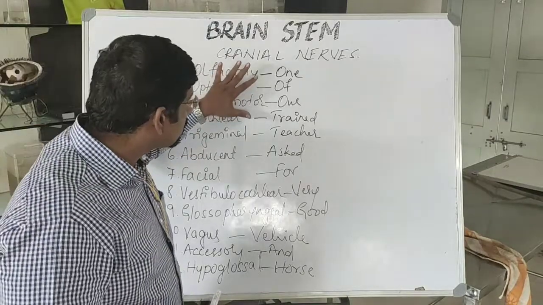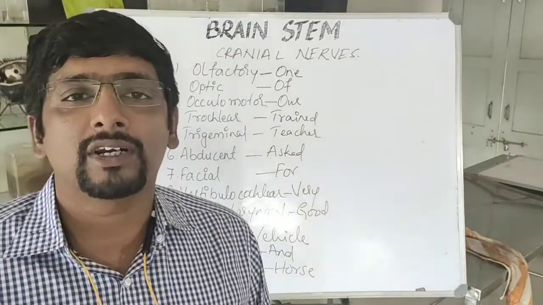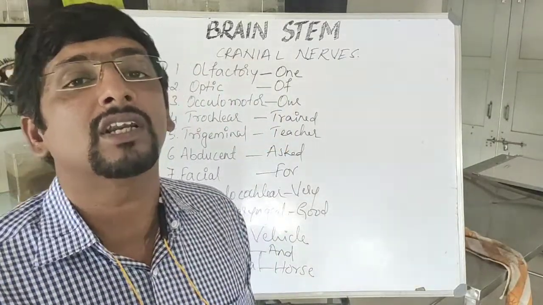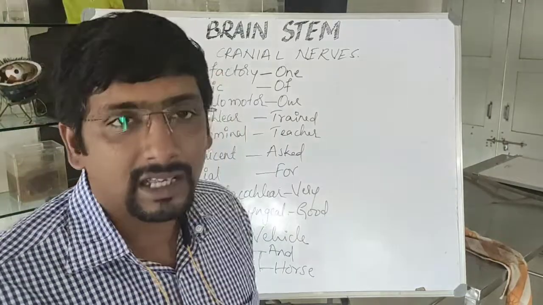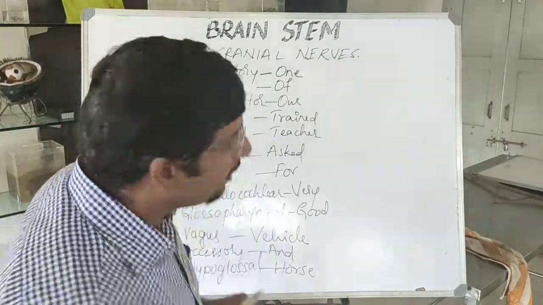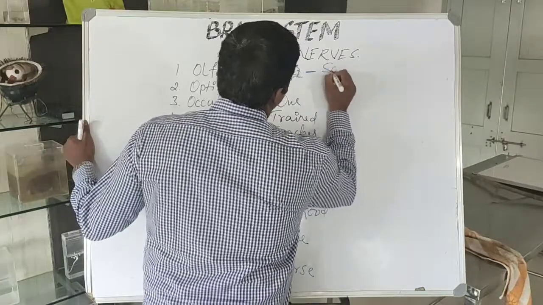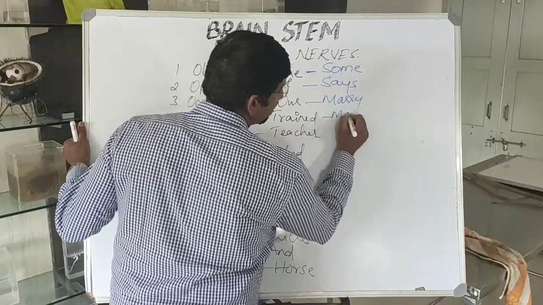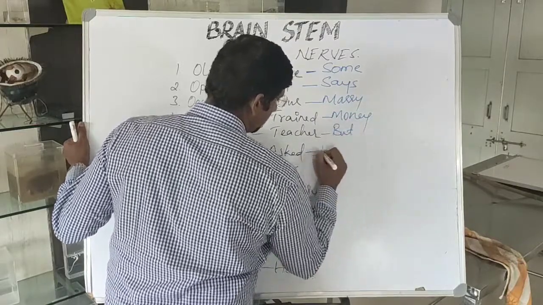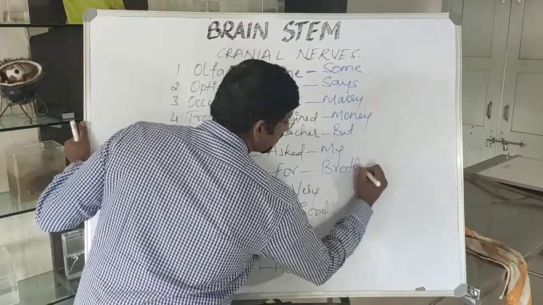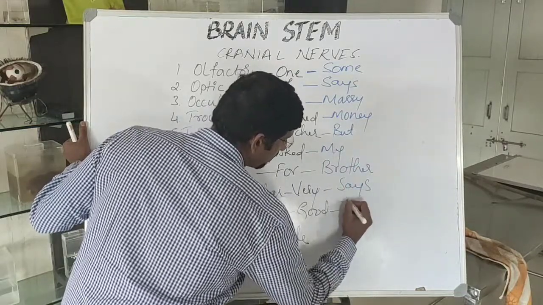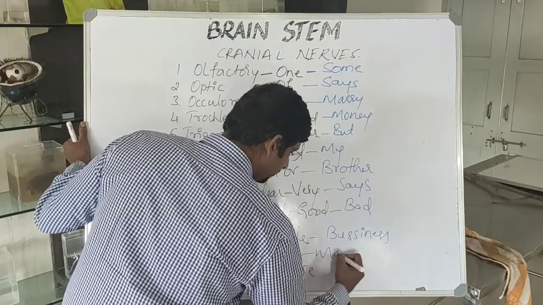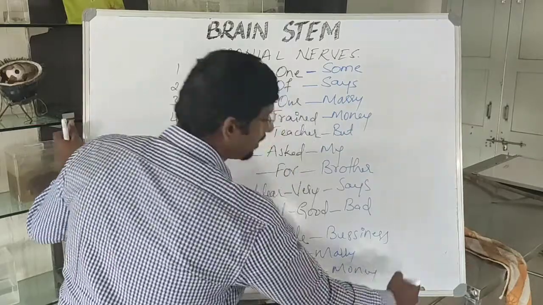And we should also know the functional components of these cranial nerves, right? To remember the order of the functional components of the cranial nerves, this is another one of my favorite mnemonics. Some say marry money, but my brother says bad business marry money.